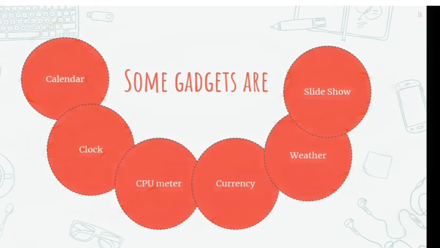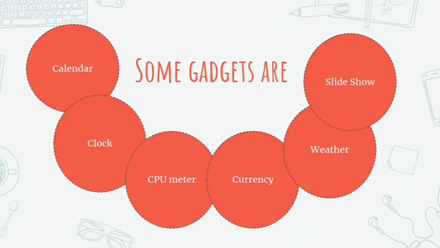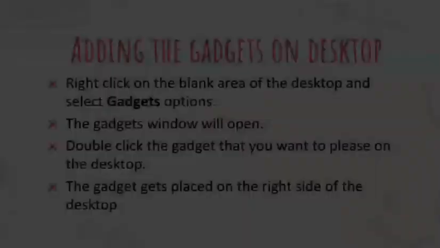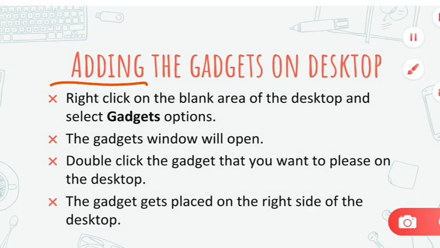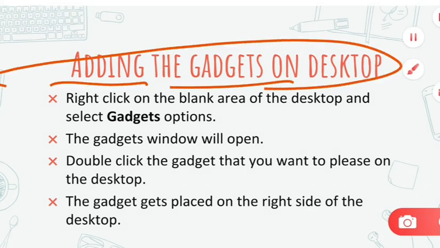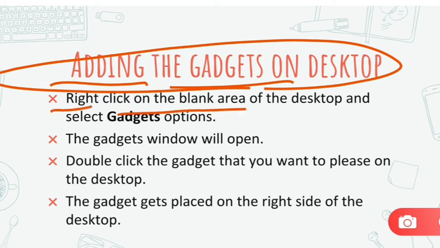Now we are going to see how we can set these gadgets on our desktop. For that, we have to follow these steps for adding gadgets on the desktop. What do we have to do? We have to click the right mouse button on the blank area of the desktop.